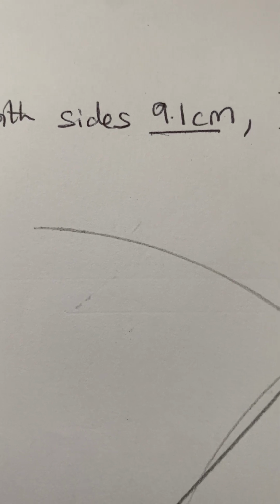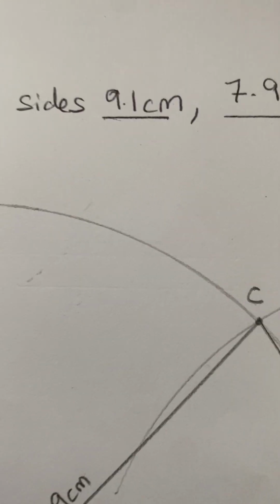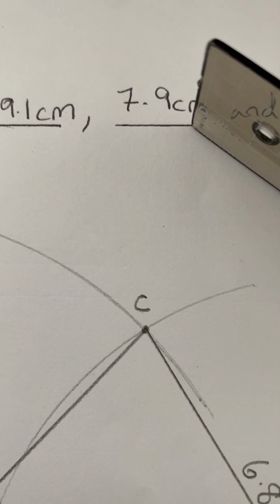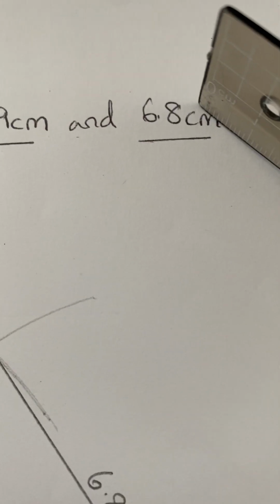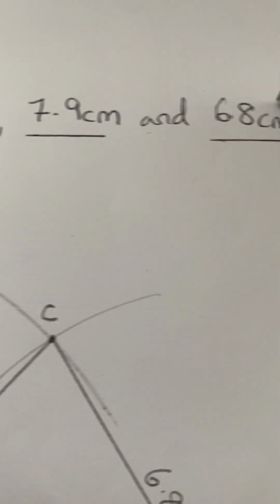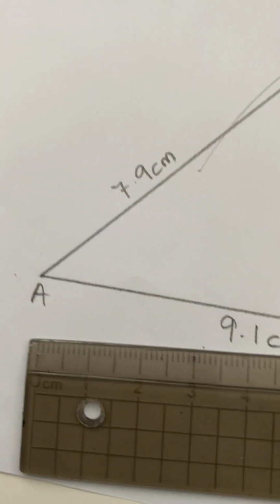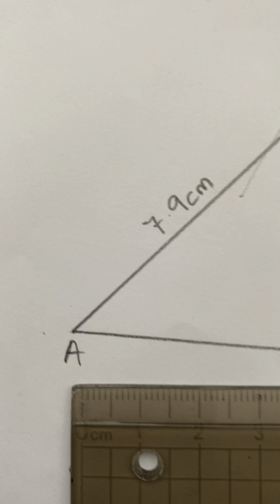Now construct a triangle with sides 9.1 centimeters, 7.9 centimeters, and 6.8 centimeters. So 9.1 centimeters there. First of all, we'll do the longer line.